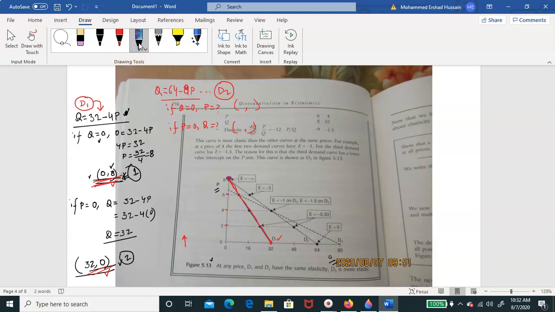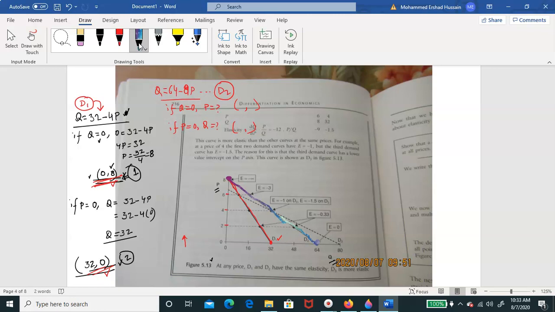I'm drawing freehand, so my lines are not straight, but with the color you can see this straight line, D2.